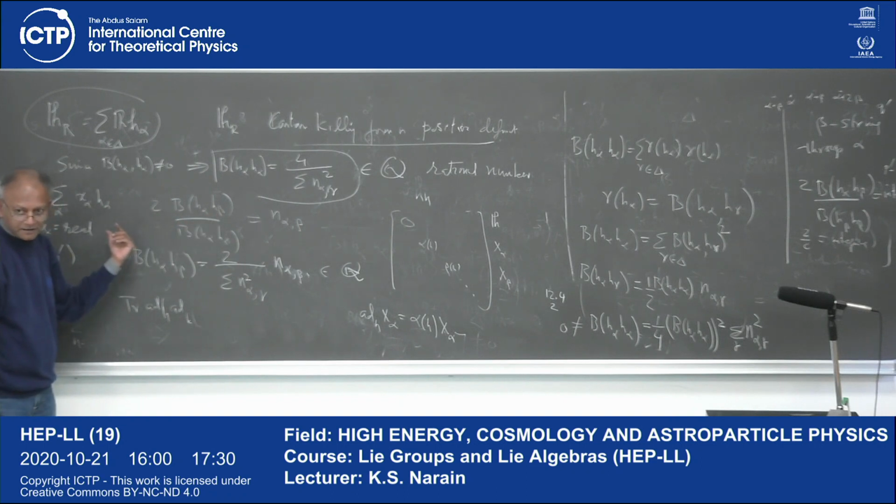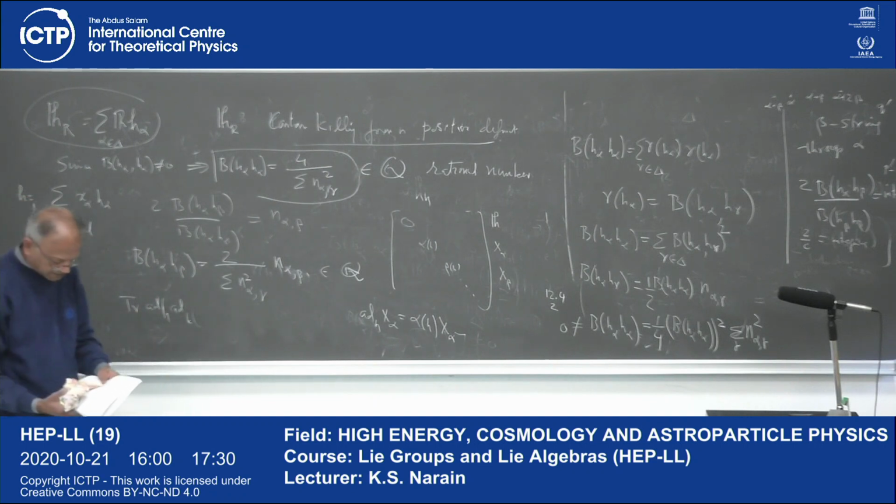So this is all going to be real. So this means that the B, the Cartan-Killing form, restricted to this space is all real. There's nothing complex about it. Okay, that's one statement.